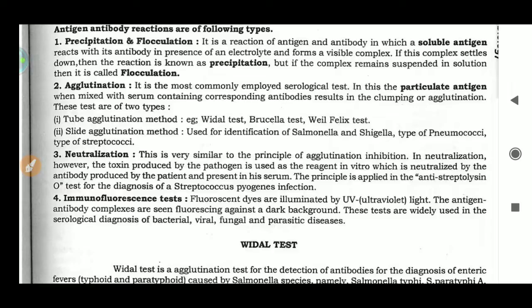The antibody complexes are seen fluorescing against a dark background. So the antigen antibody complexes are seen fluorescing.